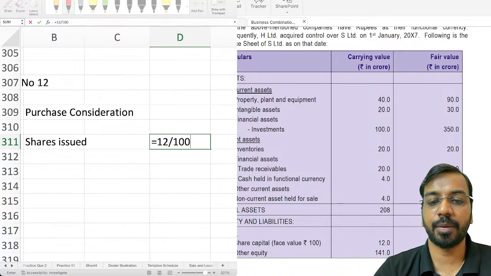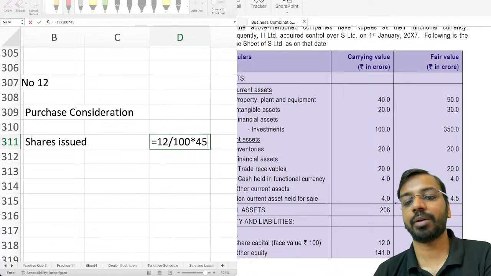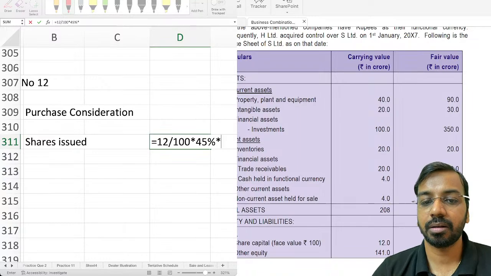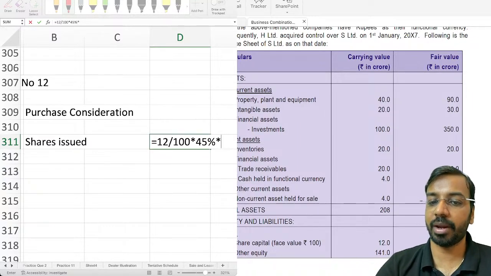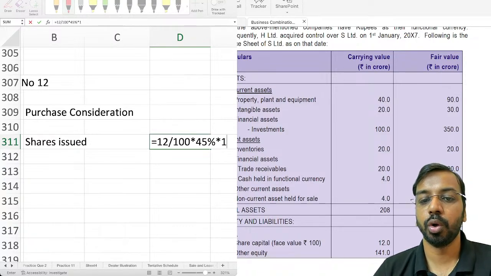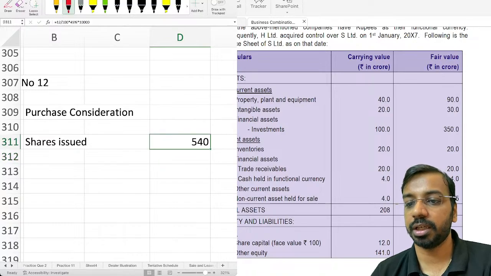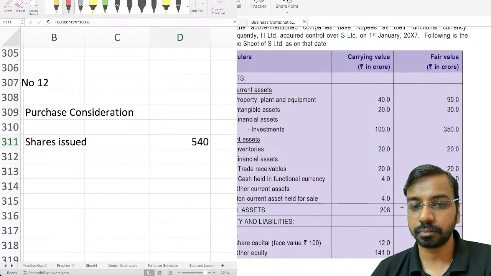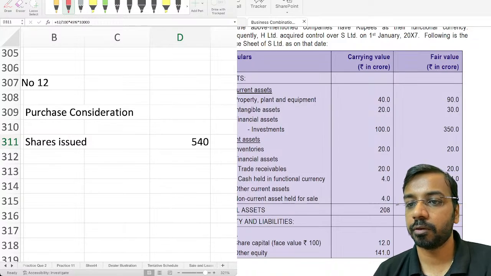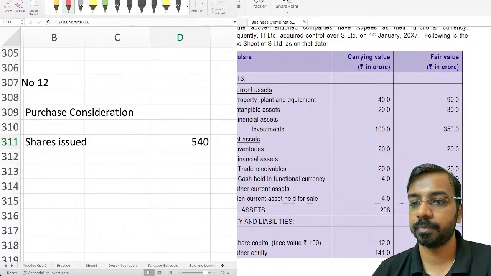We have acquired 45%, valuing each share at 10,000. So 12 crores divided by 100 into 45% into 10,000, we get 540.